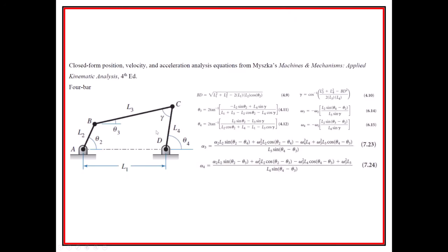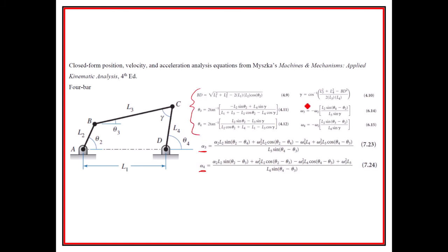From another book, how do you pronounce this guy's name? Myszka's. In Myszka's book, he gives a closed form solution. So I walk through, and it's in his chapter on acceleration. So right here we see what we've done here is we went to position analysis right here.